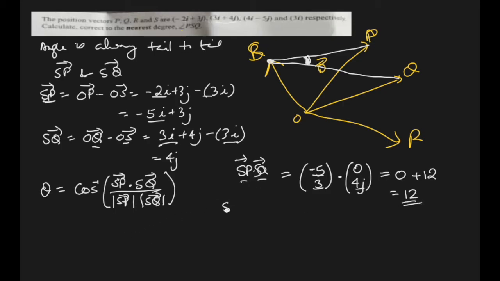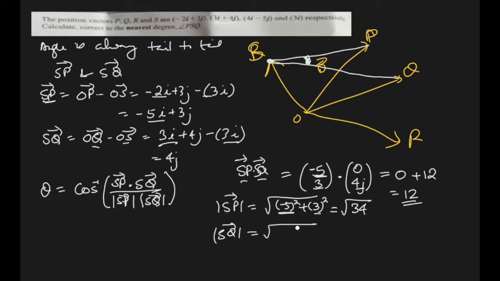Now we have to find the magnitude of SP, which will be the square root of minus 5 squared plus 3 squared, and that comes out to be 25 plus 9, 34. The magnitude of SQ is equal to the square root of 4 squared only, so 4.